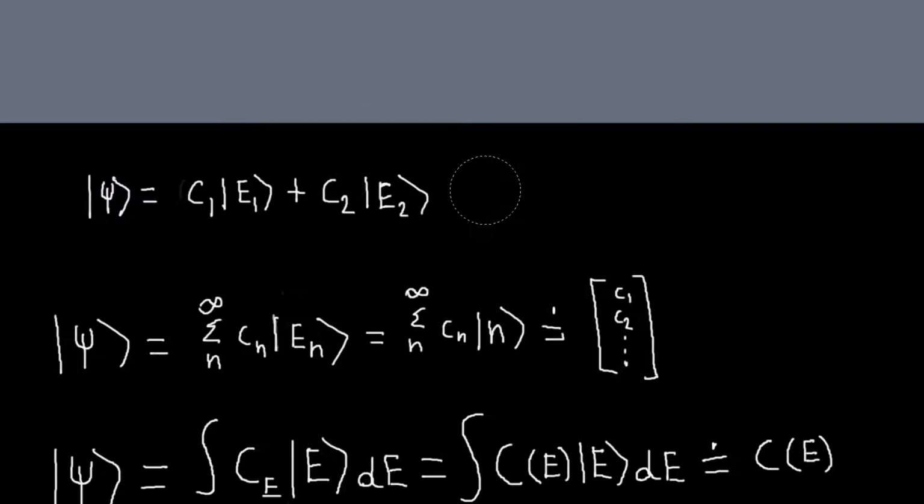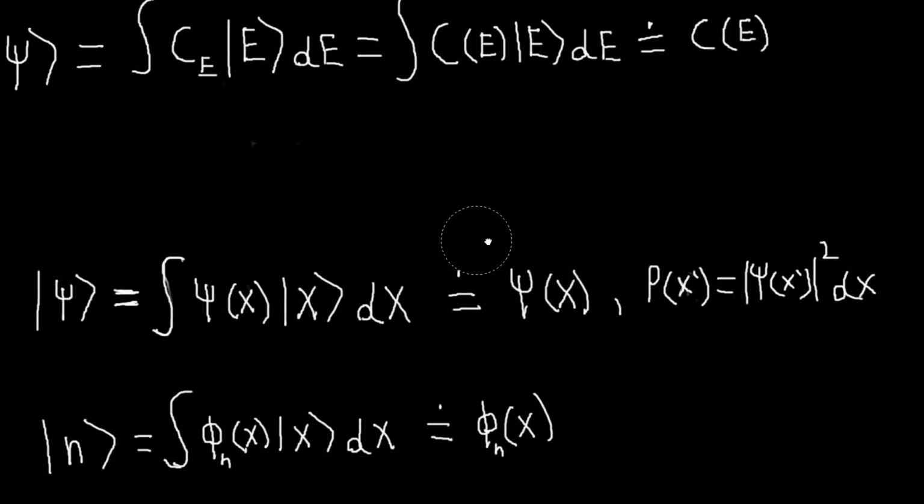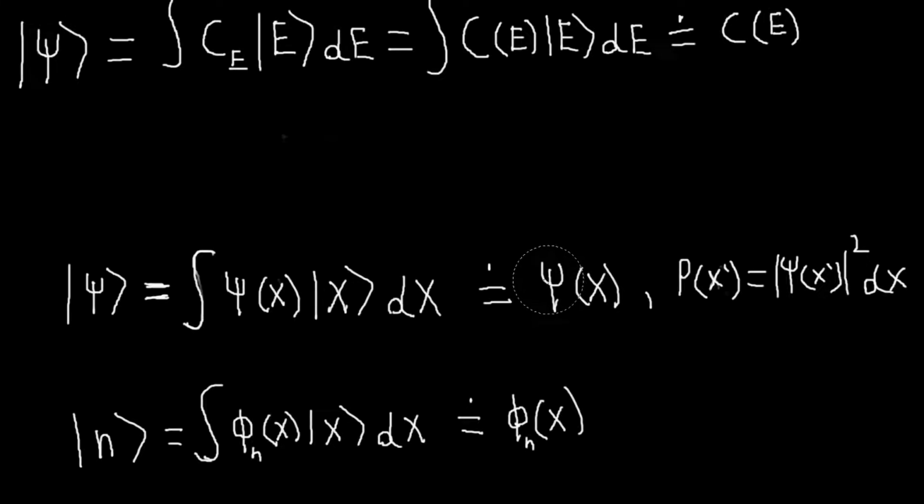And so you can write any 2D column vector as some linear combination of those two column vectors. Similarly here, we have our wave function psi of x, and we should be able to write that as some linear combination of these basis eigenfunctions. So basically, rather than working with column vectors, we have to work with functions now.